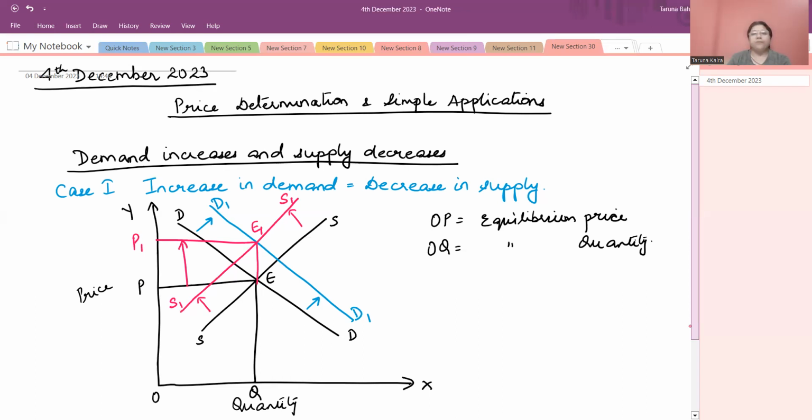So the result of a proportionate increase in demand and a proportionate decrease in supply is that the new equilibrium is at point E1, the equilibrium price has increased to OP1, and the equilibrium quantity remained the same at point OQ. I hope that this point is clear to everyone.